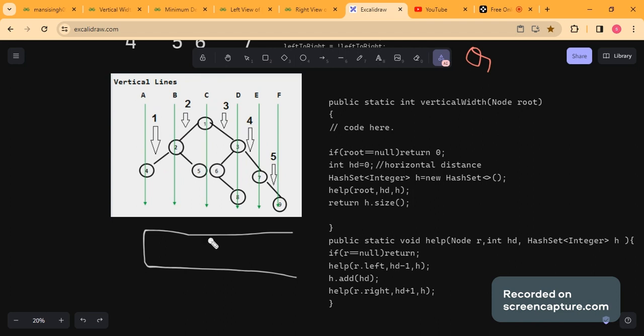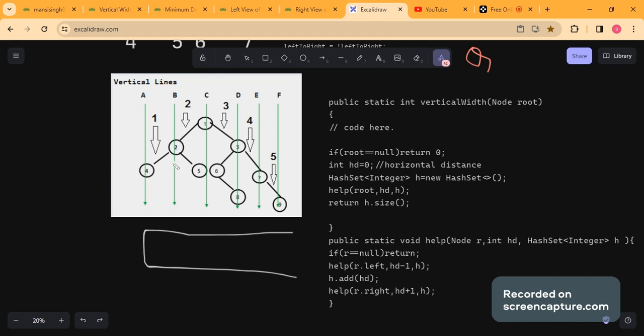The basic approach is that I would assign some indexes to all of these nodes. The node basically has the properties of the right and left node, but I would create a function which would also store the value of a particular index that I assign. And I want to create an unordered set. Why?